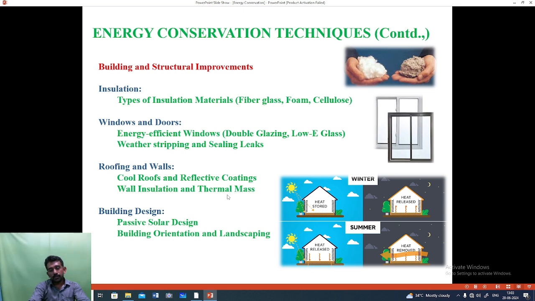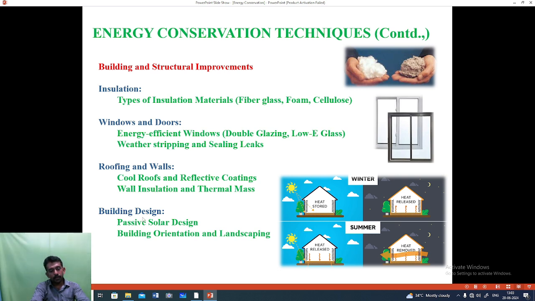And coming to thermal mass, here the mass stores heat; in winter it is stored and released during the day and night respectively, and in the summer it is released and removed during the days and night respectively.